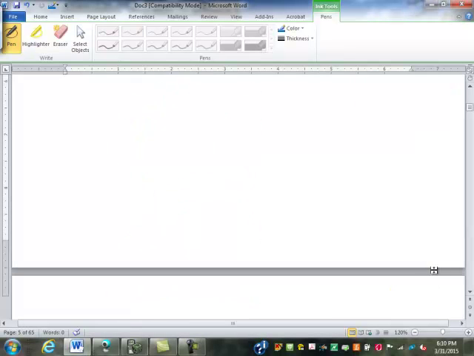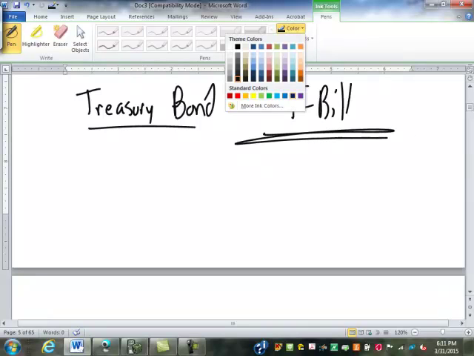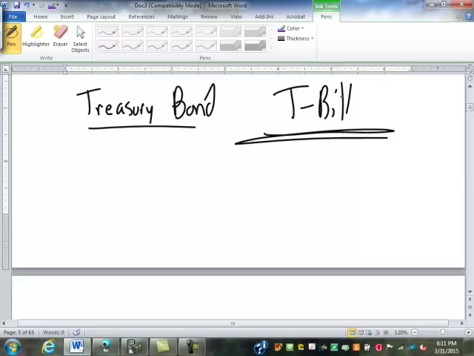Another example of a simple discount note. Ever hear of a treasury bond? Slang term for them is a T-bill. Yeah, the old savings bonds. When you were born, your grandparents bought you a $50 savings bond, so when you're 18, you have $50.